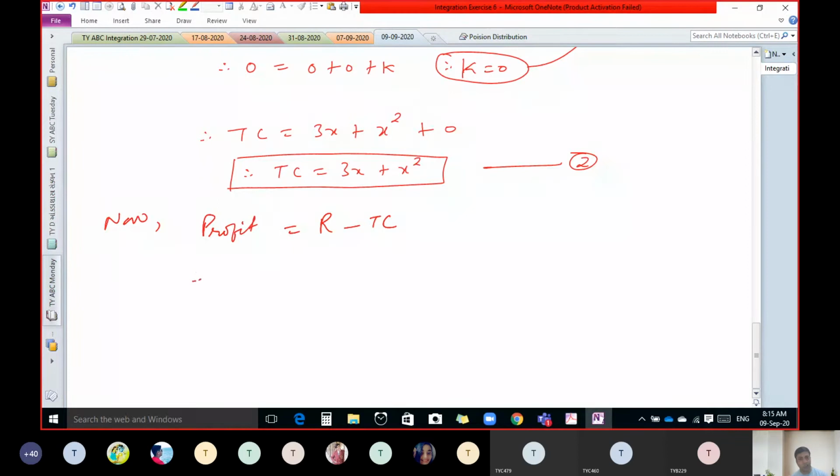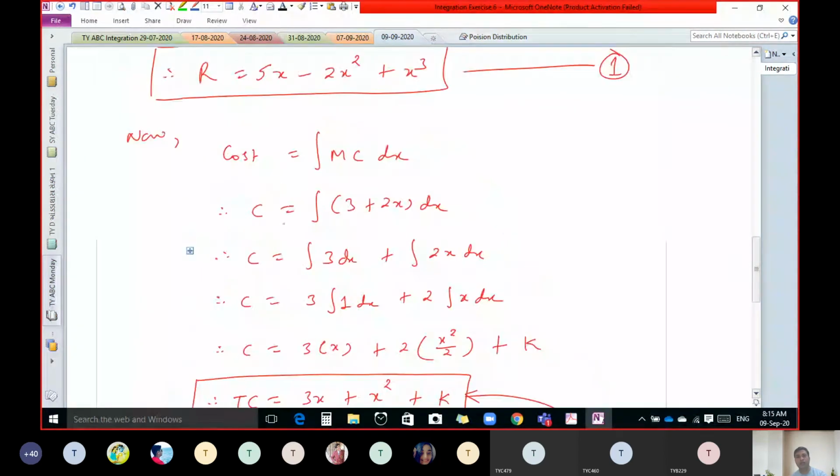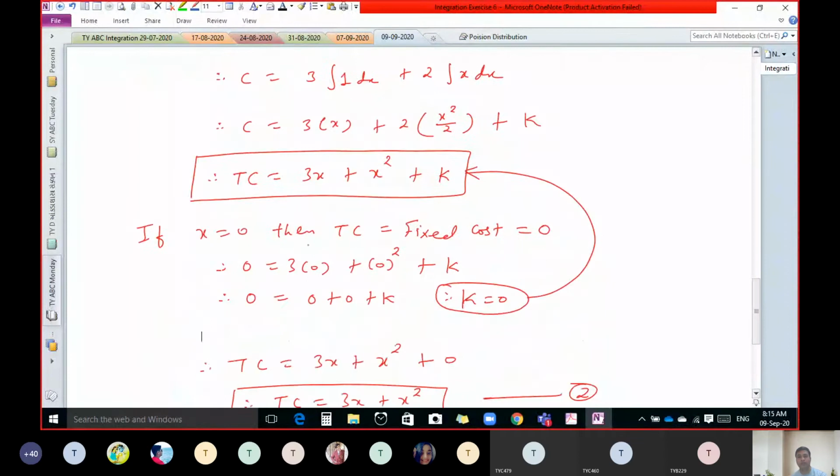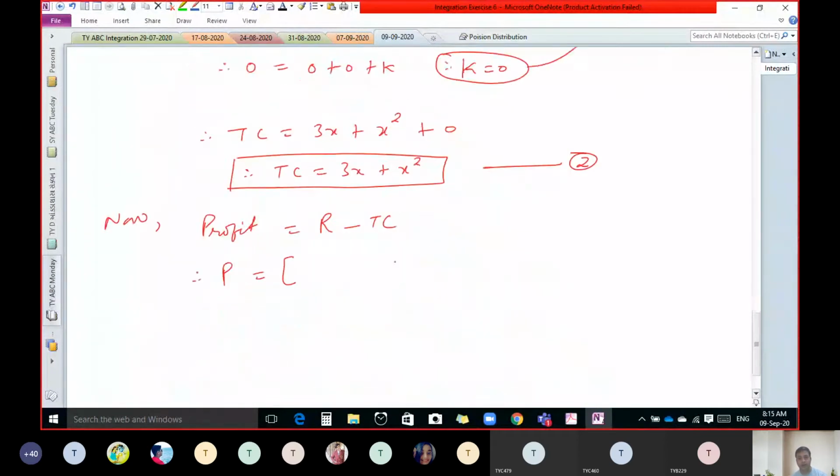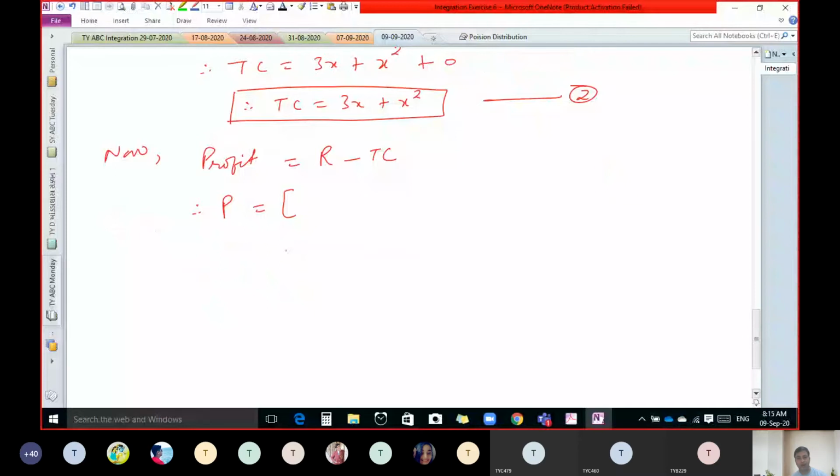So profit, let us say P, equals what is our revenue, that is in equation 1: 5x minus 2x square plus x cube.